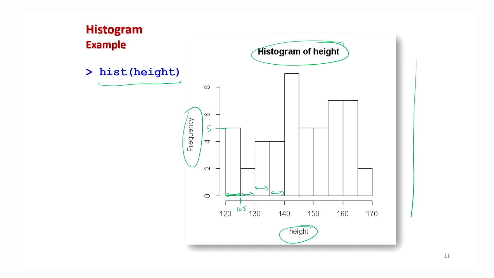Similarly, this is the bar, this is the bar, and these are the points 145 and 155. It is saying that the absolute frequency, or the number of persons having height between 145 and 150 centimeters, as well as between 150 and 155 centimeters, is the same, and there are 5 persons who have such heights. So, this is how we take interpretation from the histogram.